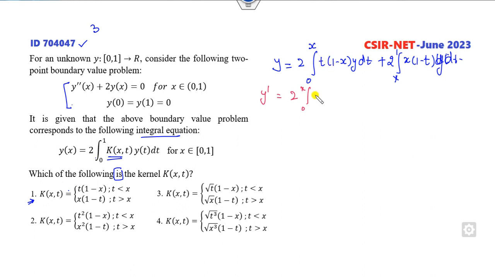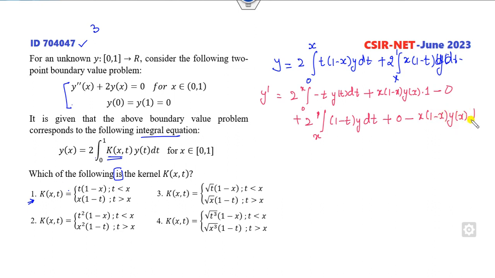It's minus t y(t) dt plus upper limit x, (1 minus x) y(x) into 1, minus lower limit 0, plus 2 times the partial derivative with respect to x here, plus upper limit 0, lower limit x, (1 minus x) y(x) into 1. This will be cancelled out.